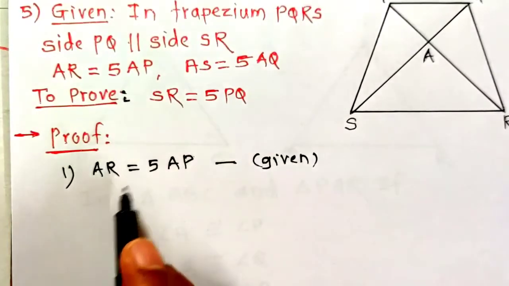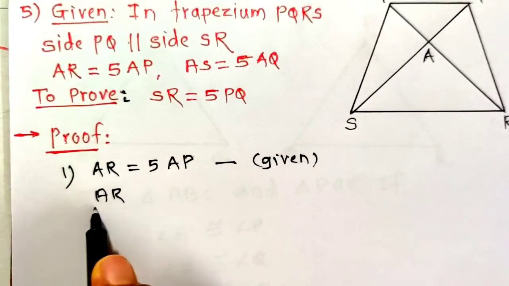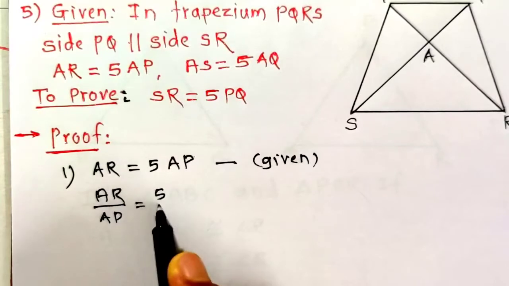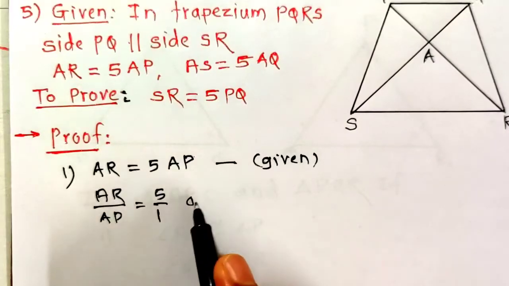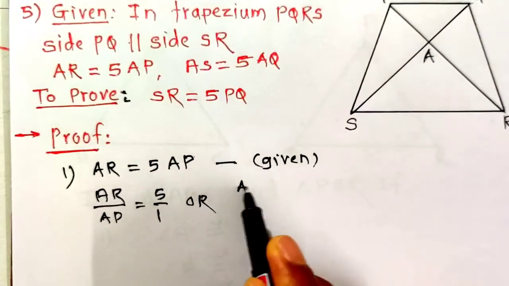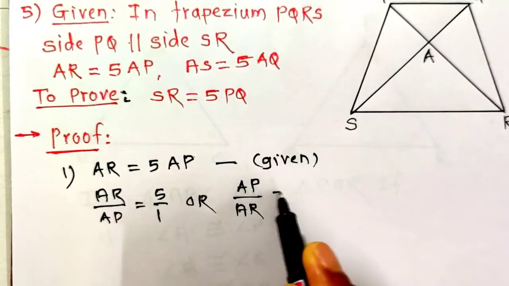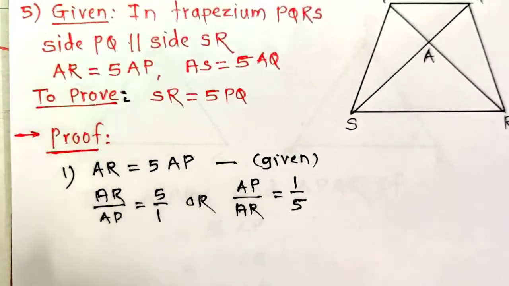If we simplify, then we get AR upon AP is equal to 5 by 1, or if we write the inverse of that, AP upon AR is equal to 1 upon 5.